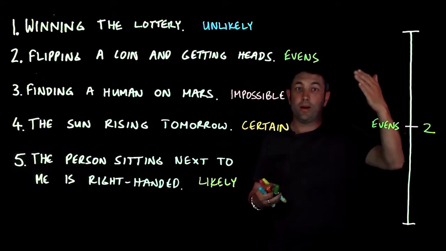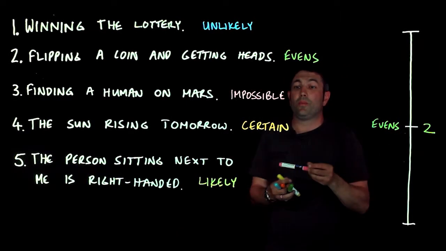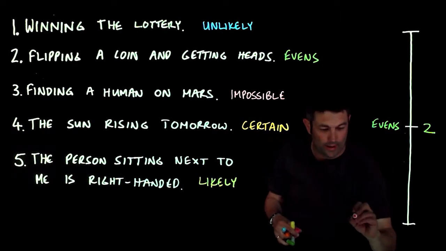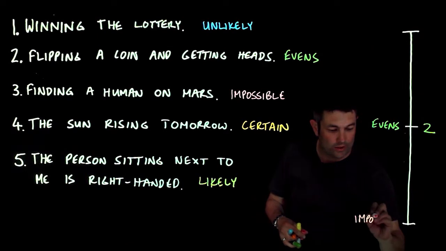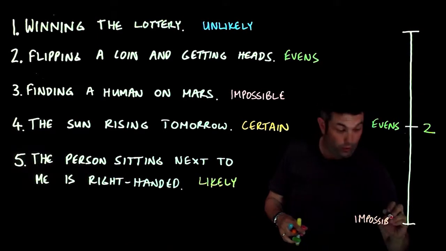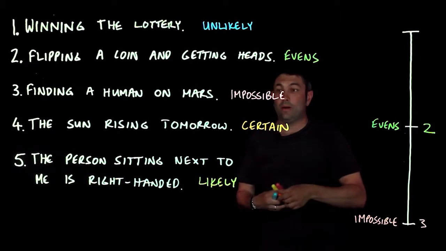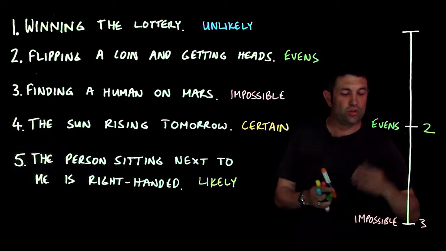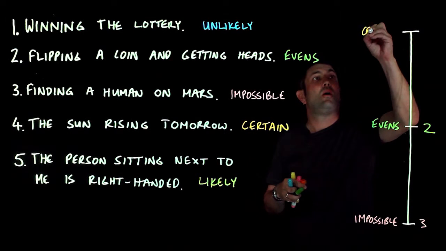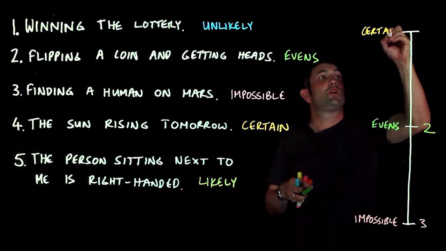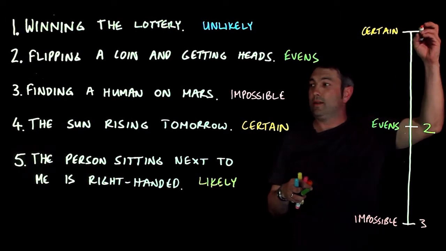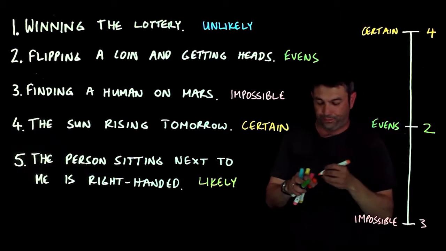So one's got to be at one end, one's got to be at the other. I'm going to put impossible down here, and that's event number 3. And at the opposite end of the line, I'm going to have certain, because certain and impossible are completely opposite. So certain goes there, and that's event number 4.